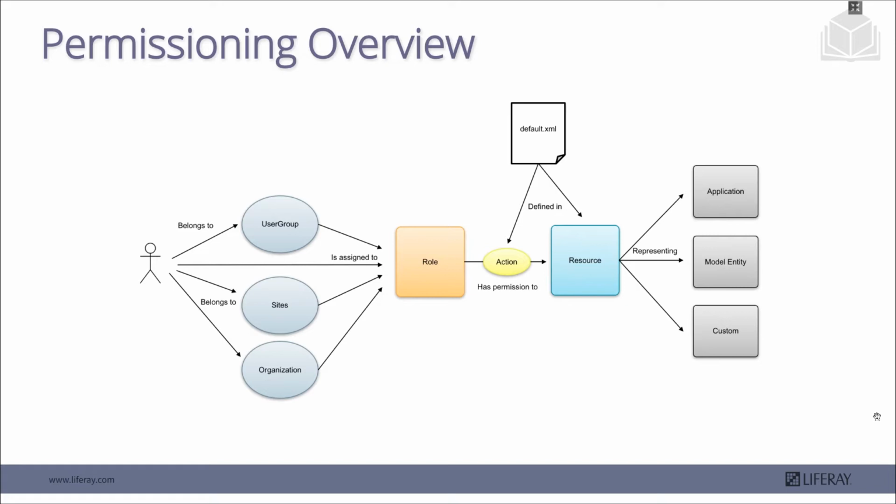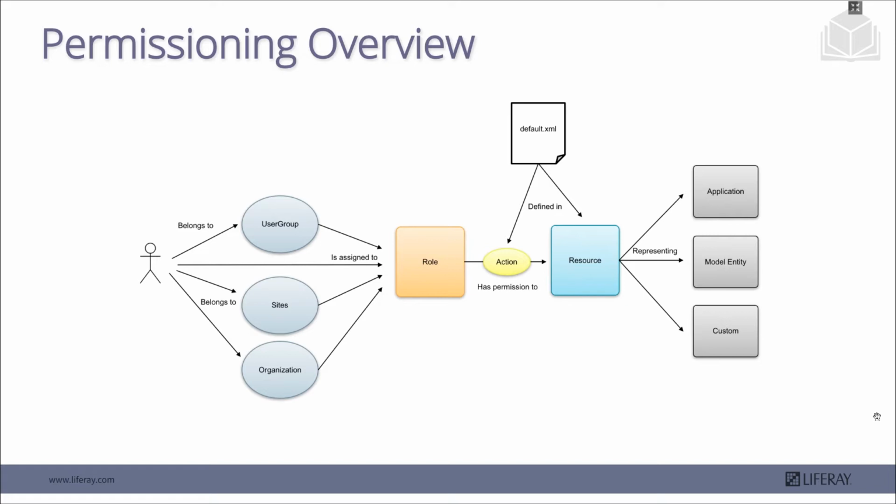These permissions are defined within a file called default.xml. So what is an action and what is a resource? We'll define the specifics within a file called default.xml. Right, so this is the flow of the permissions. A user can belong to one of these things, or none of them at all.